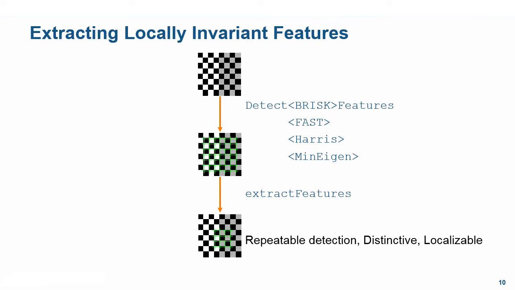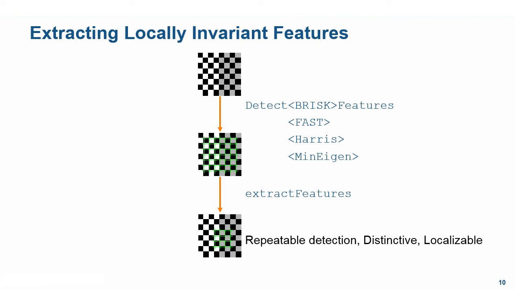This can be achieved by feature extraction, which only extracts features which are repeatably detectable, meaning features are robust to changes in viewing conditions and noise. Distinctive, meaning the neighborhood around the feature center varies enough to allow for reliable comparison between features. And localizable, meaning the feature has a unique location assigned to it.